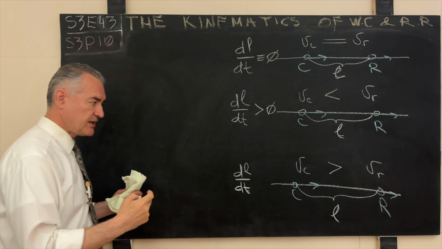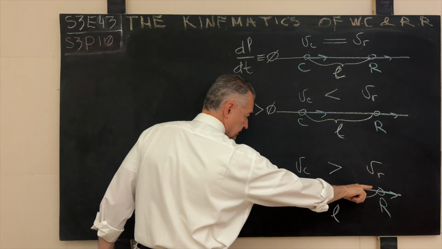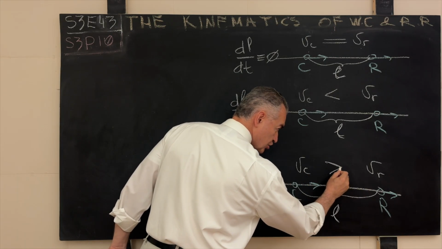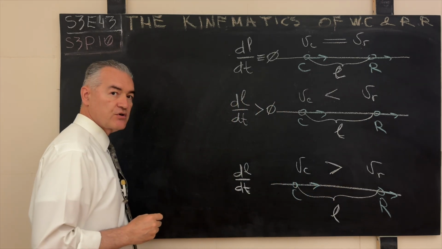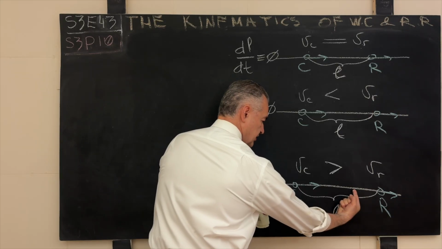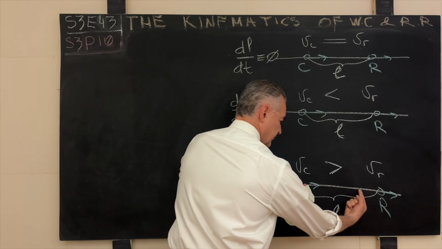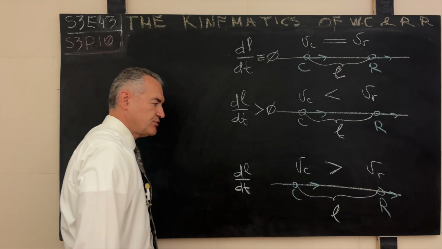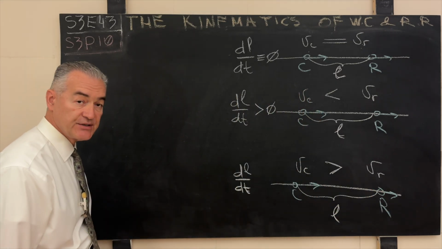The third and final case, purely linear pursuit: the velocity of the chaser is this time strictly larger than the velocity of the runner. What happens to the distance when these 2 points run, but the chaser comes up faster and faster to the runner? How does the linear distance behave?